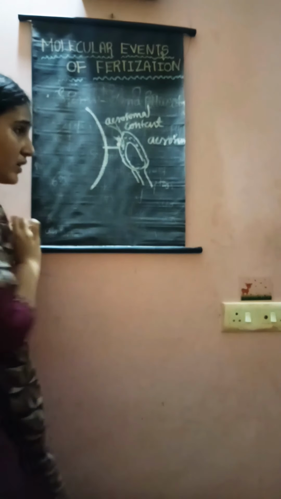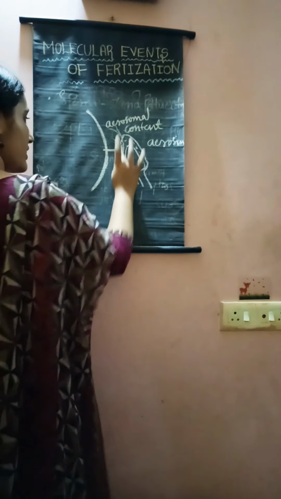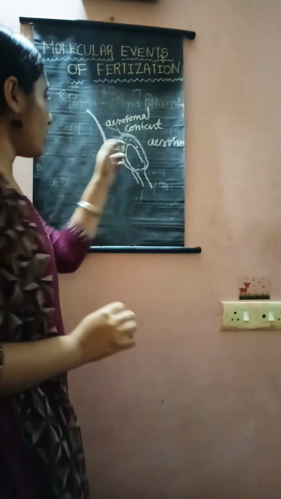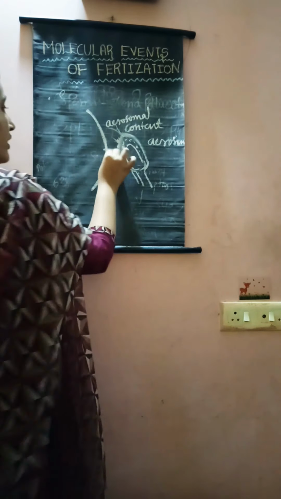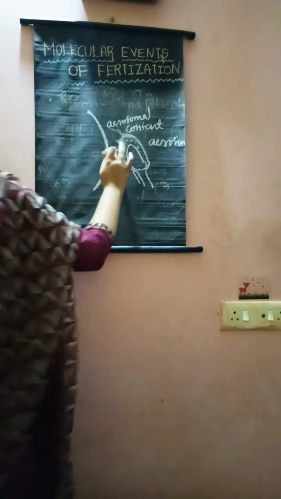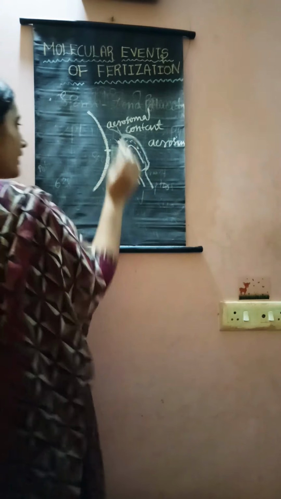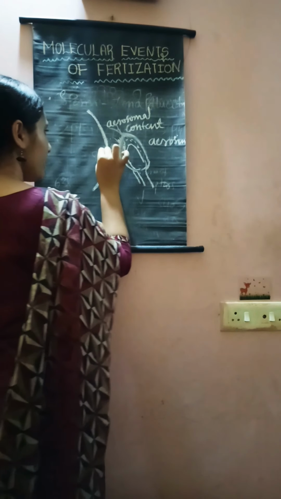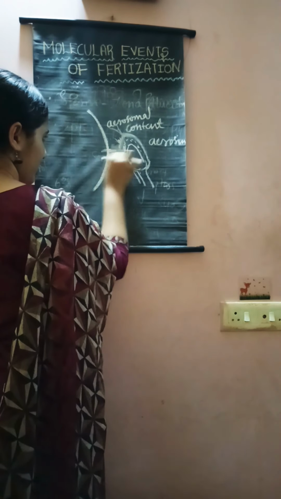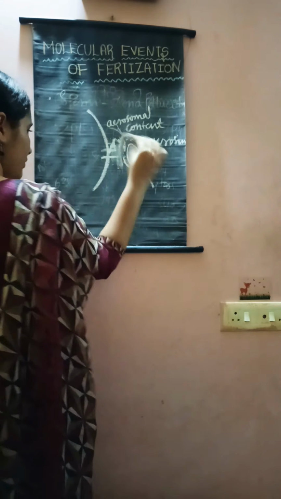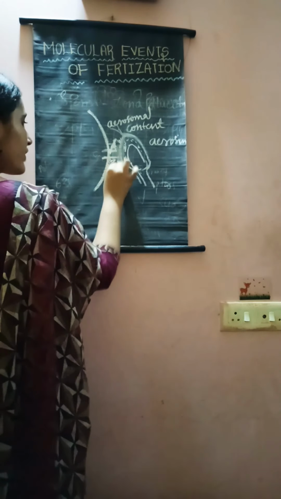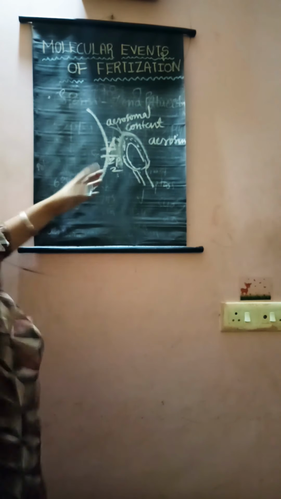Now, after binding to ZP3, the acrosomal content is released. All the enzymes will come out. Due to disruption of this membrane, there will be disruption of ZP3 also. The ZP3 receptor will be disrupted or eradicated. Then comes ZP2. ZP3 is removed, and ZP2 acts as a secondary receptor for the sperm and zona pellucida binding.